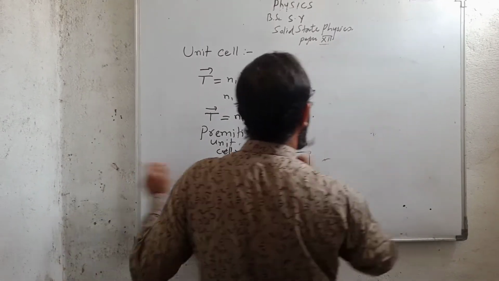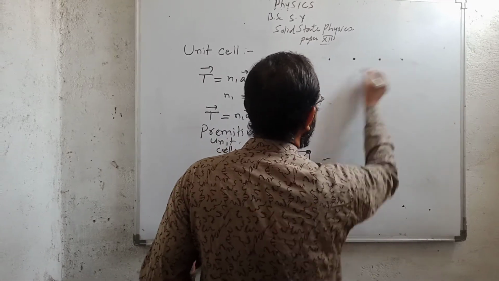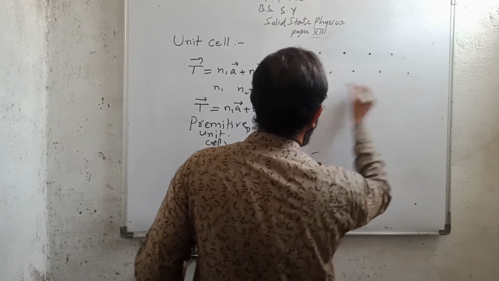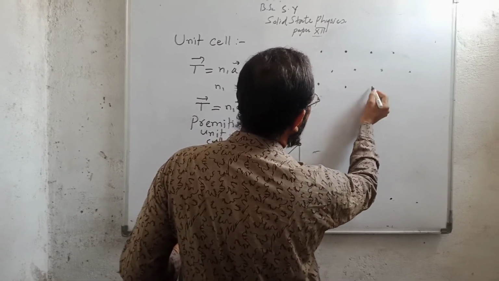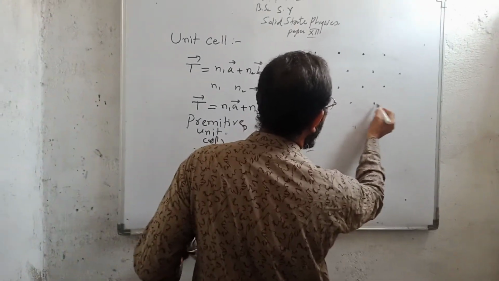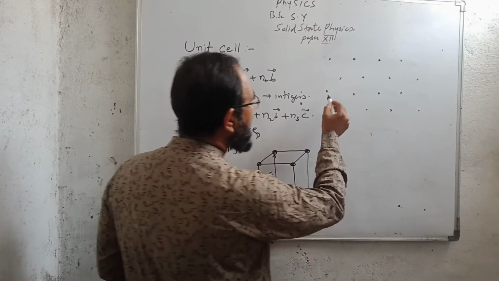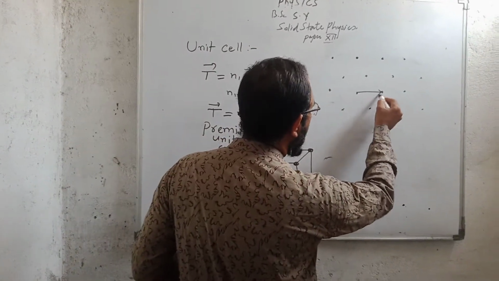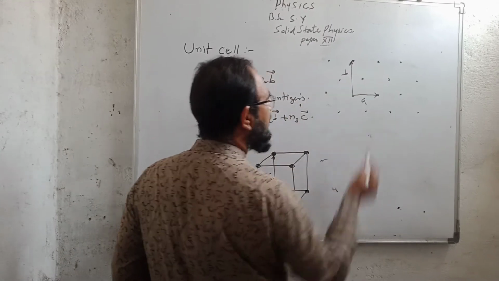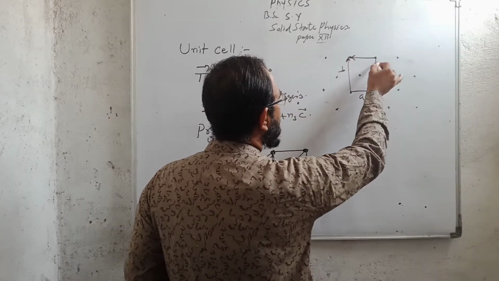Suppose here I am having the lattice points. These are the lattice points, and I will translate the different vectors. Now I will translate this vector A and vector B. I will join this and I will complete the unit cell.